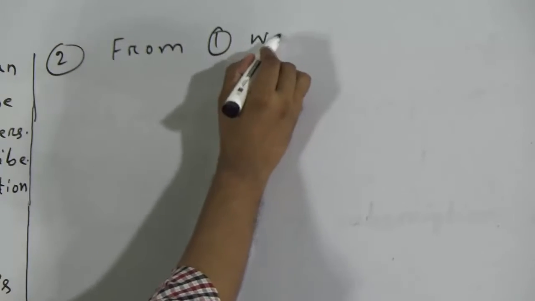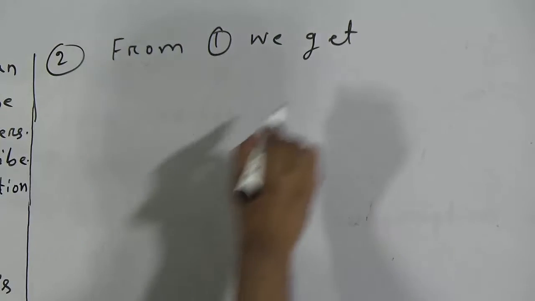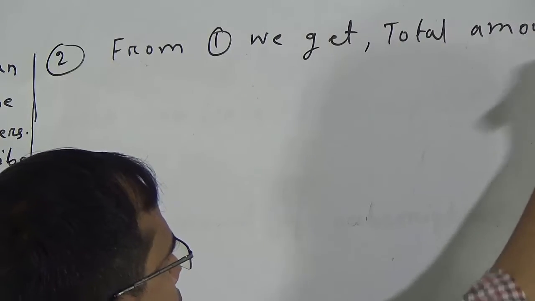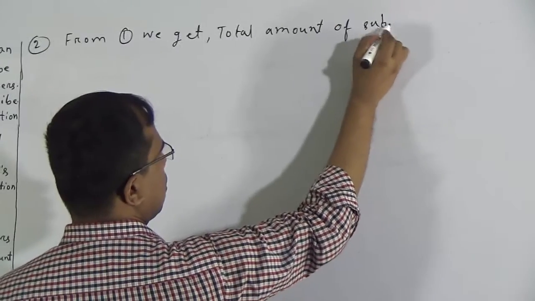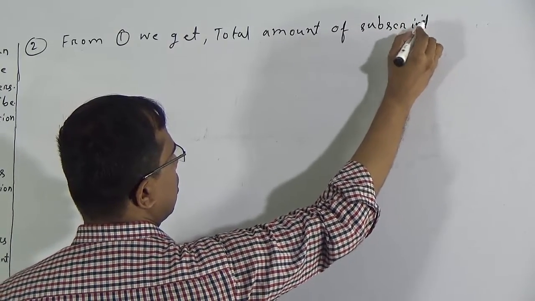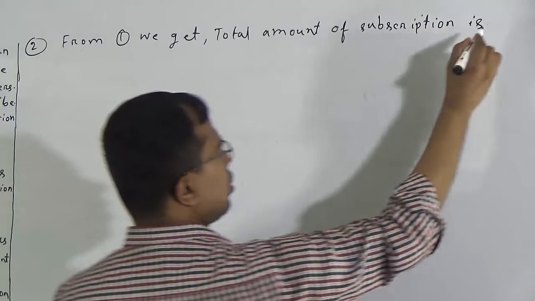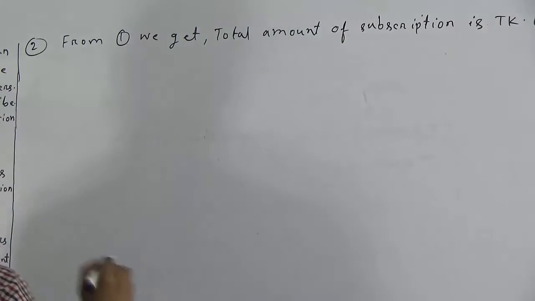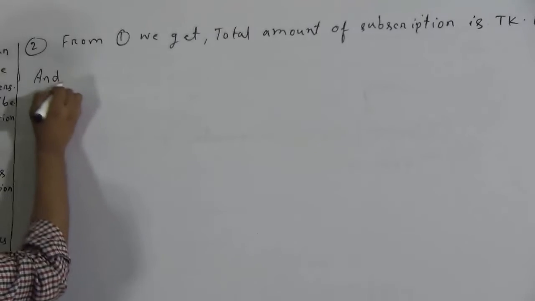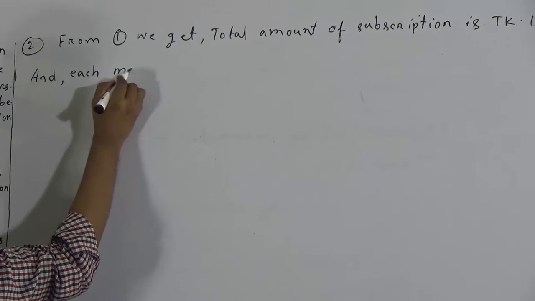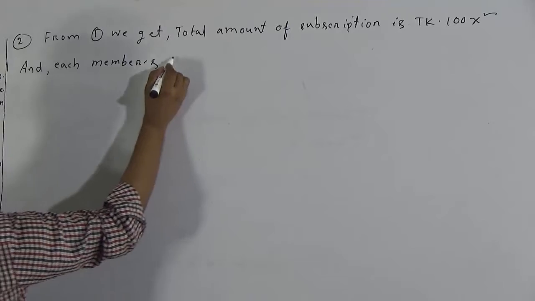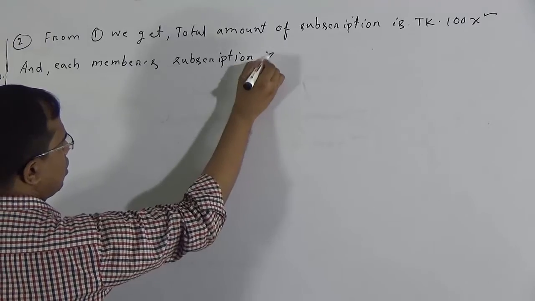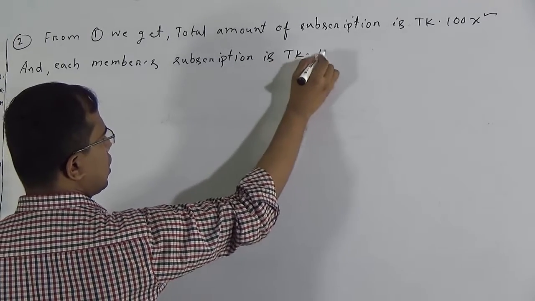From 1 we get total amount of subscription is TK 100x square, and each member's subscription is TK 100x.